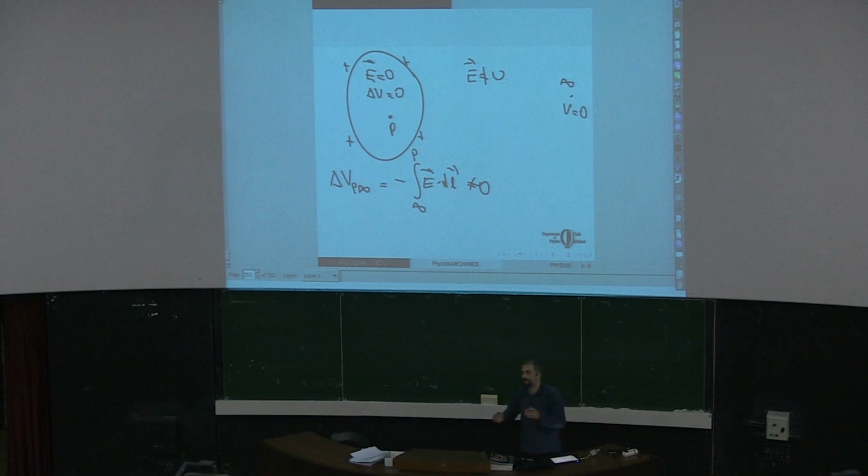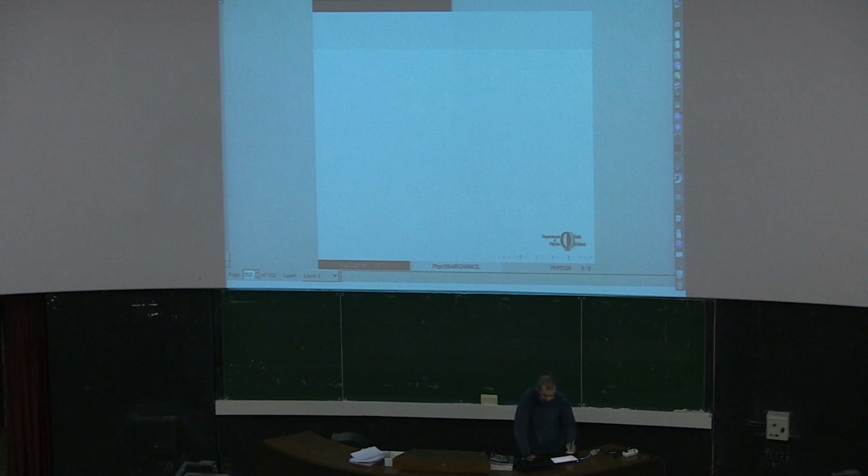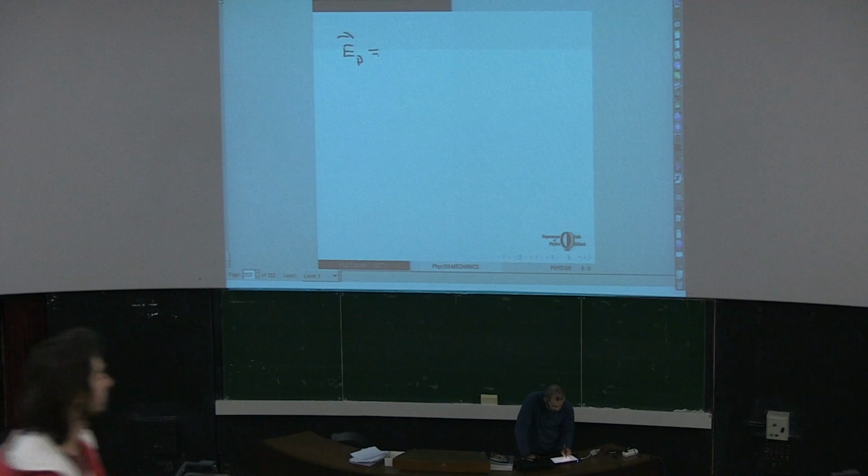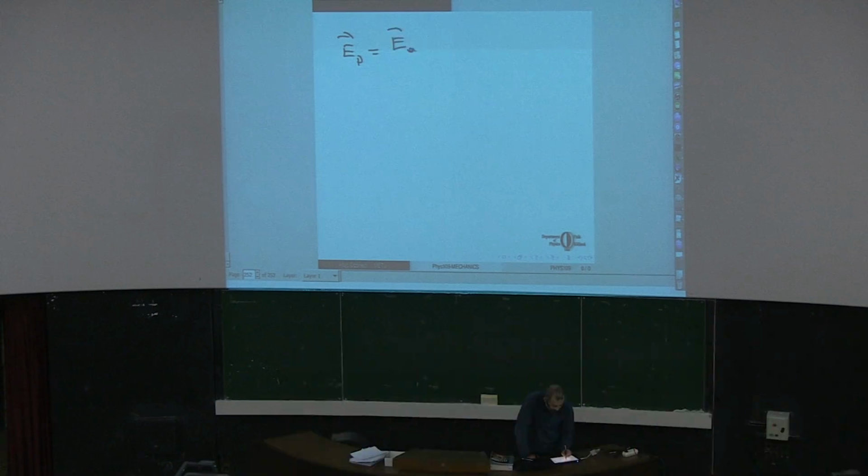Well, that's if you have a dielectric that satisfies this relation: the electric field inside the dielectric is equal to the electric field applied divided by your dielectric constant. Now, in this case, this is the same everywhere.